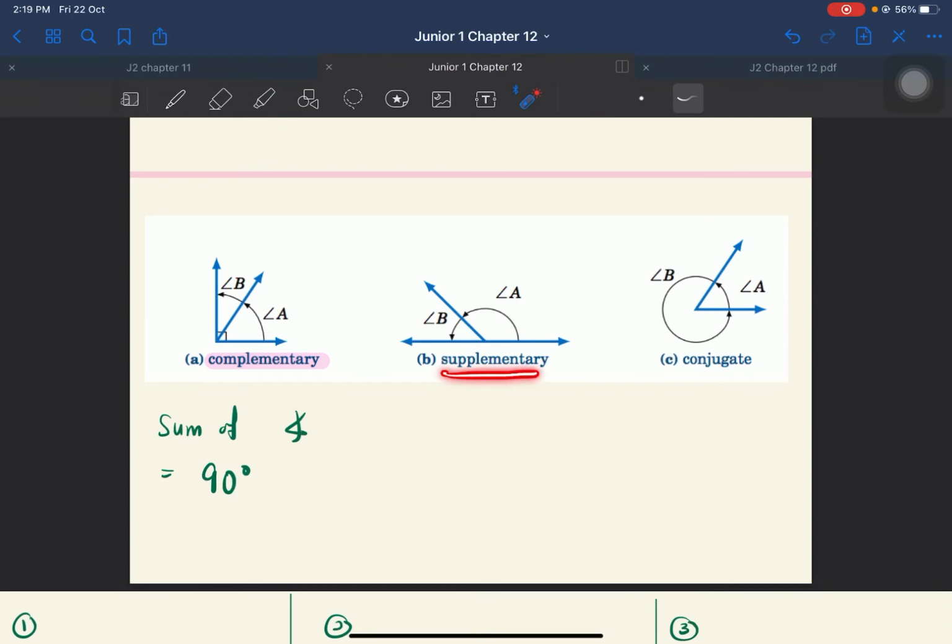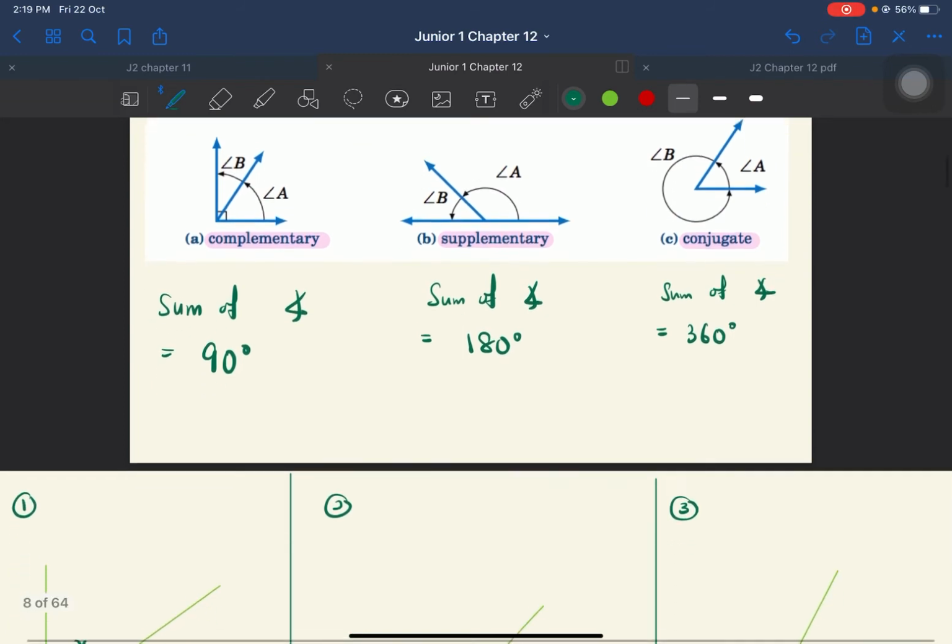How about supplementary? Supplementary is when the sum of the angles equals 180 degrees. So for example here, angle A plus angle B will be equivalent to 180 degrees. That's what we call supplementary. And conjugate is when the sum of the angles is equal to 360 degrees, one full turn.